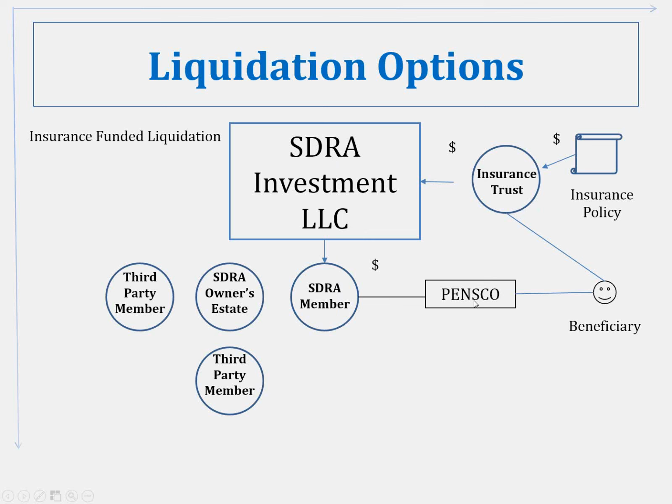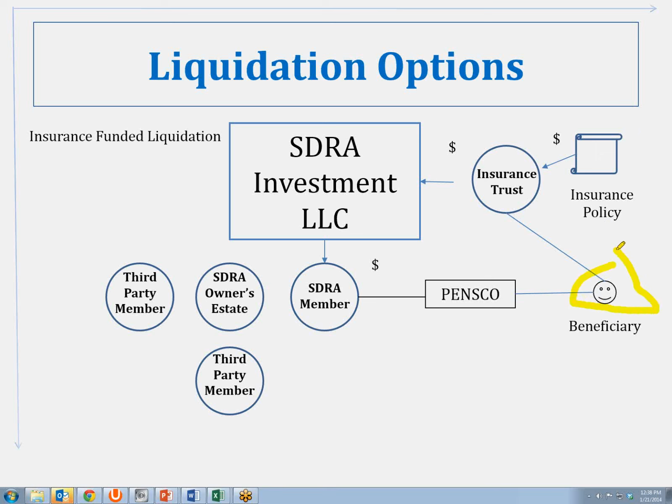All right, but remember, we can make the IRA owner, the beneficiary of the IRA, the designated beneficiary of the IRA, that's this guy over here. We can make him or her also the beneficiary of the insurance trust. So they've got the best of both worlds. They've got the cash coming in here to buy interest in the LLC, and that allows the LLC to liquidate the cash.